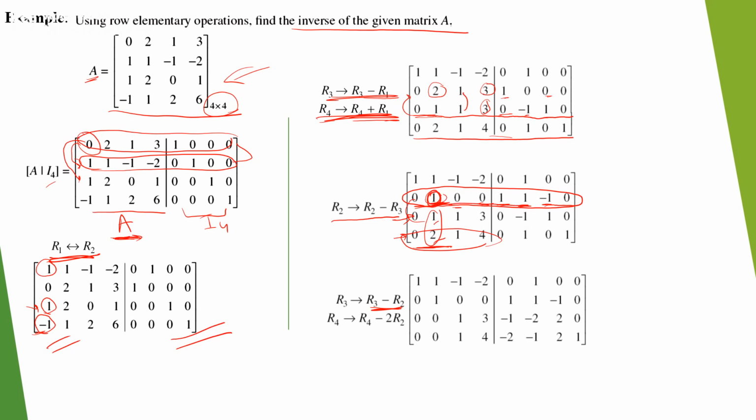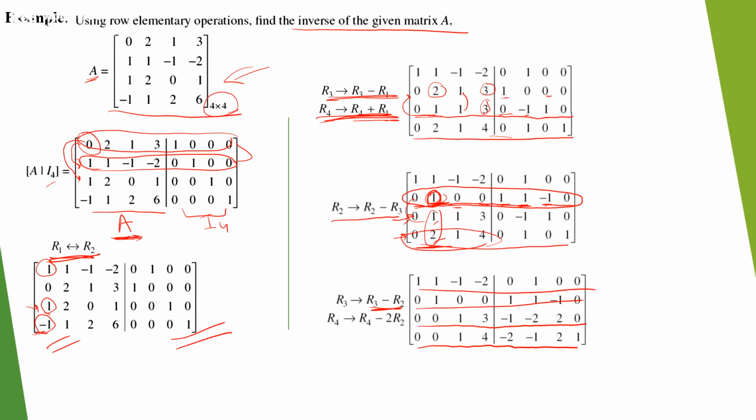So the matrix reduces to, R3 becomes 0, 0, 1, 3, minus 1, minus 2, 2, 0, and row 4 becomes 0, 0, 1, 4, minus 2, minus 1, 2, 1.